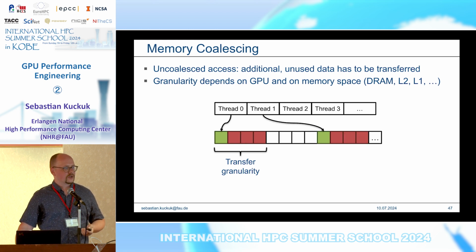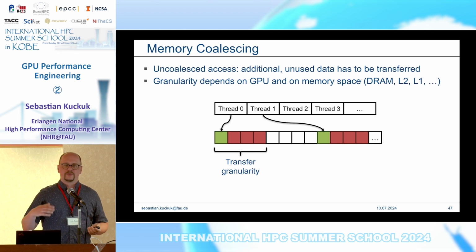And of course, this gets worse. At some point, you would expect an asymptotic behavior. If you exceed the transfer granularity with your stride, then at some point you would expect this not to increase anymore, because it doesn't matter that much how far apart these memory accesses are. Again, why am I telling you this? Because this is something to look out for in your code.